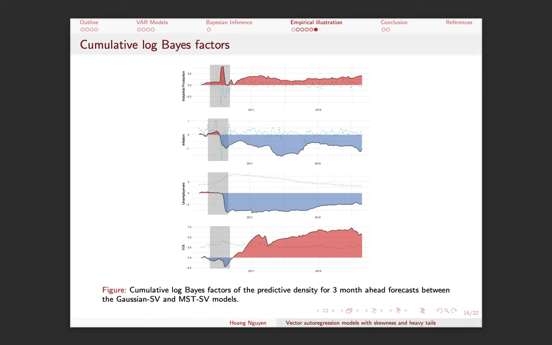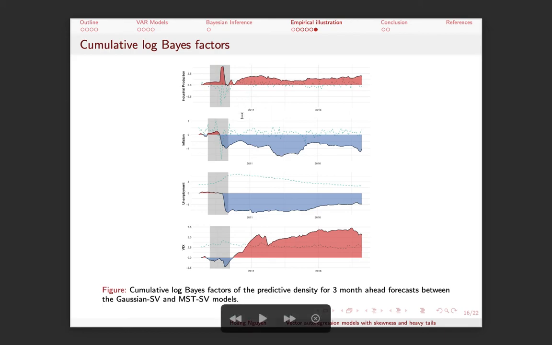And here is the last plot where I compare the cumulative log-Bayes factors of the predictive density for 3 months ahead forecast between the Gaussian with stochastic volatility and the M skew-T with stochastic volatility. So the red colors mean that the M skew-T is preferred over the Gaussian. And for the variables that show fat tails and asymmetries like industrial production and the VIX, we will see that the cumulative log-Bayes factor is preferred.